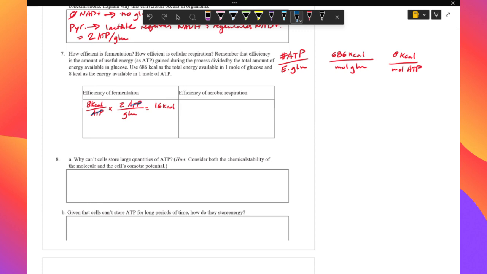Units cancel out. 16 kcals per mole of glucose.